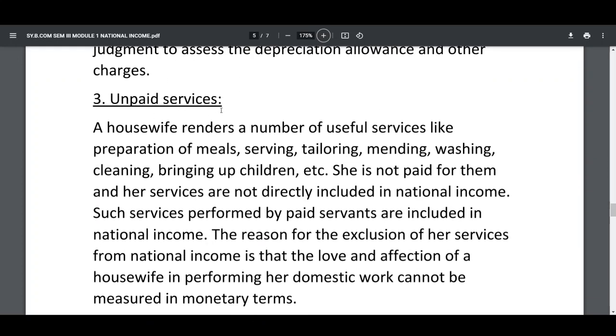Third, unpaid services. A housewife renders a number of useful services like preparation of meals, serving, tailoring, mending, washing, cleaning, bringing up children, etc. But she is not paid for them and her services are not directly included in national income.